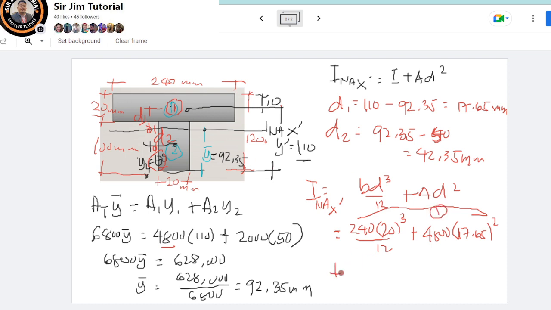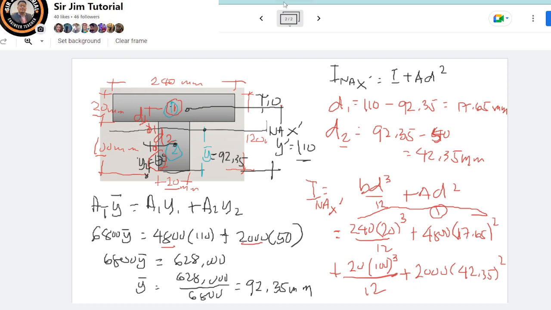For number 2, plus b is 20, d is 100, cubed over 12, plus area 2, which is 2000. We calculated already earlier that d2 is 42.35 squared.